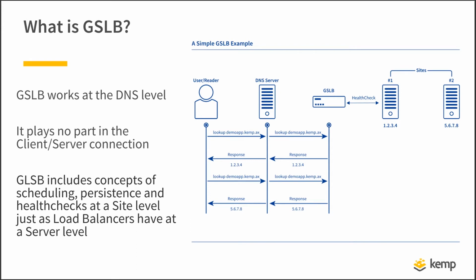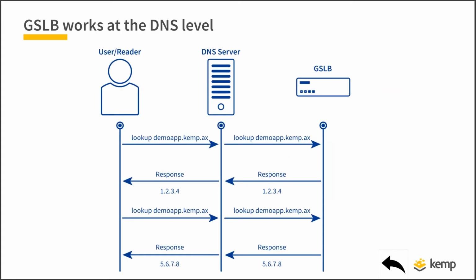We're looking at how we respond to DNS requests for the application FQDN. And this gives us a lot of control and a lot of power over what happens next. It doesn't play any part in the client-server connection. And there's a lot of concepts in GSLB that carry over from traditional load balancing, like scheduling, persistence, and health checks.